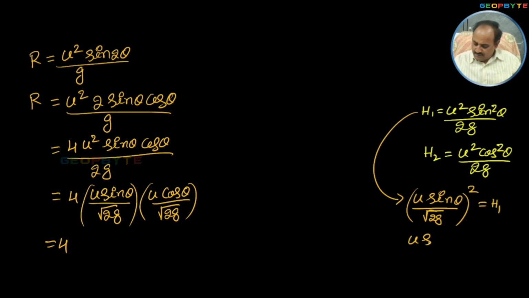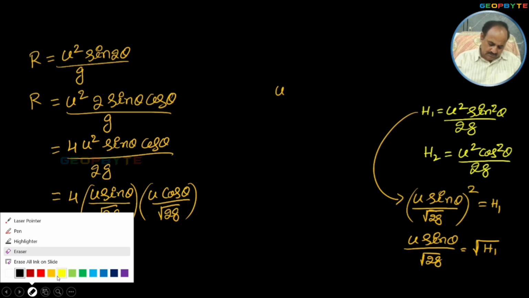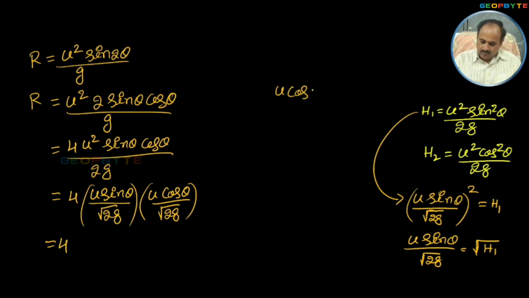Then u sin theta by root 2g is equal to root h1. Similarly, I can also write u cos theta by root 2g equal to root h2. So R is equal to 4 root h1 into root h2.